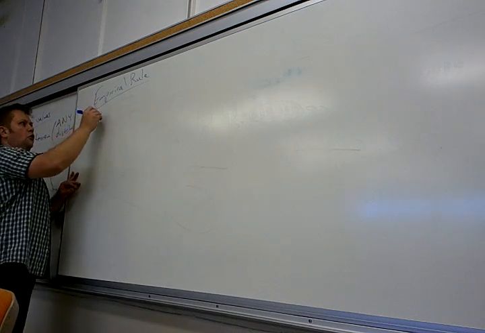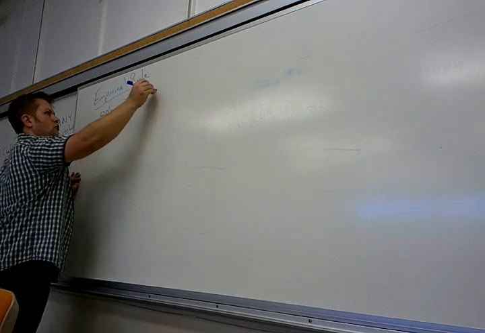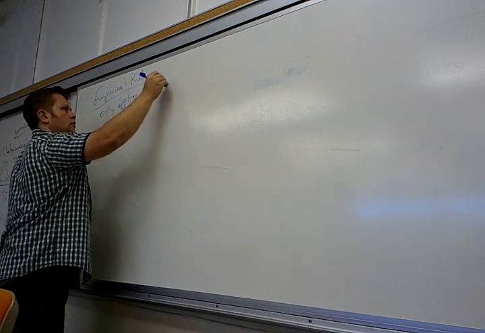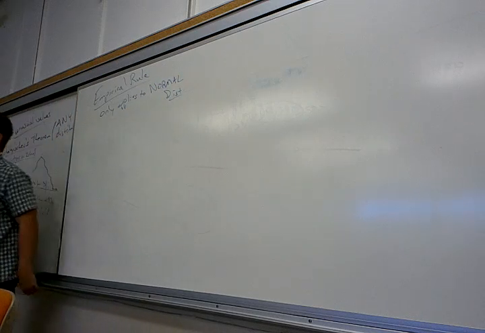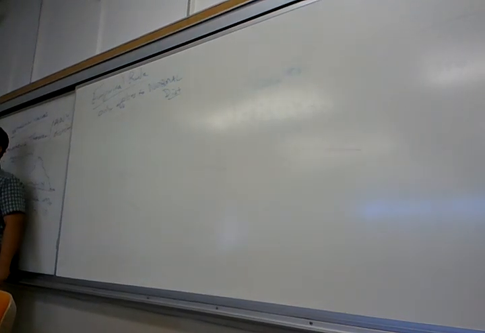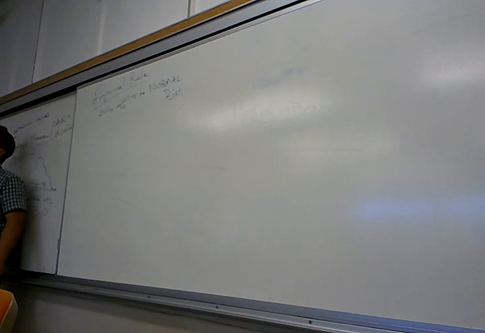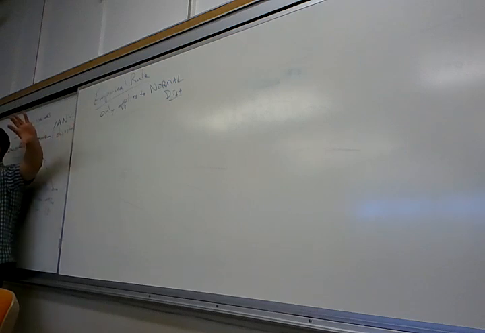The empirical rule only applies to normal distributions. Stay with me now. A big chunk of statistics is all about how can I show that something is normal enough to use this, and we'll see that later.